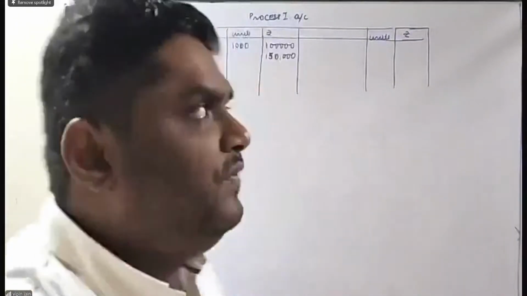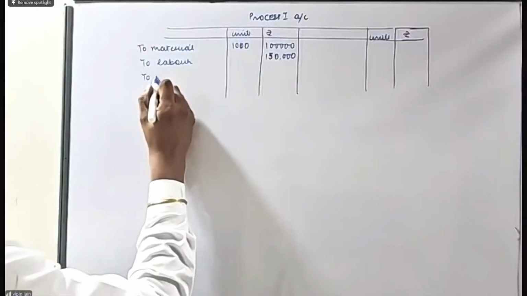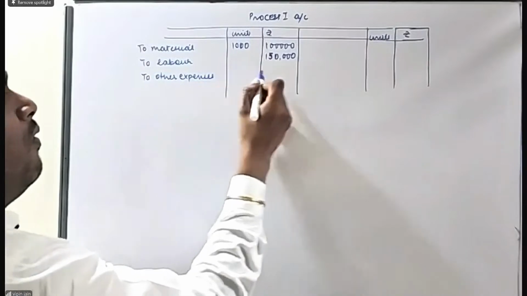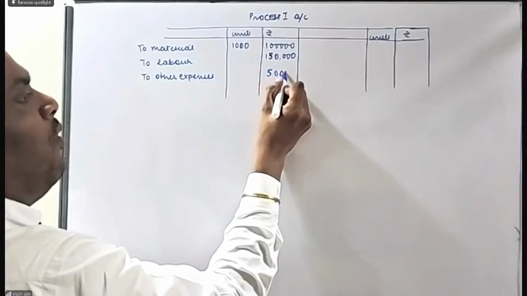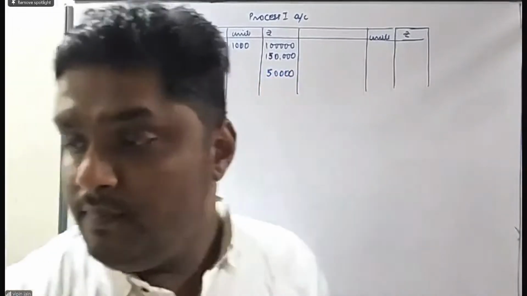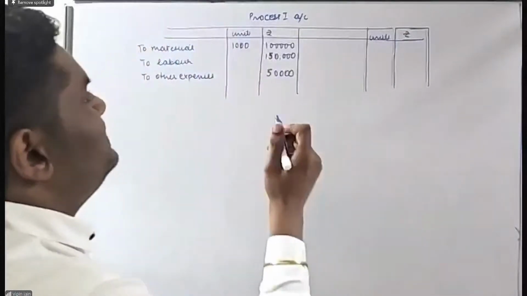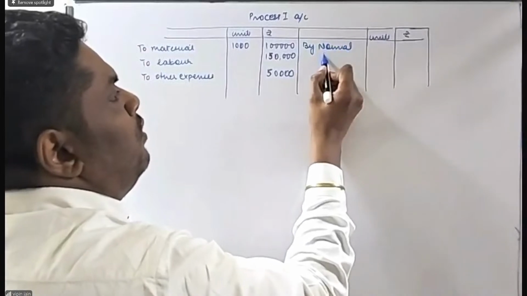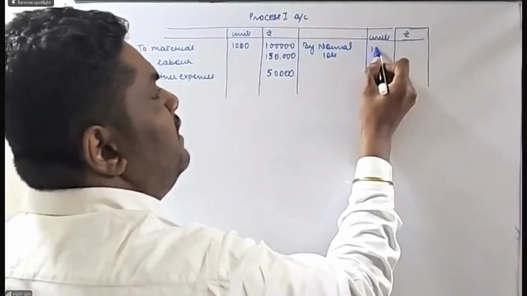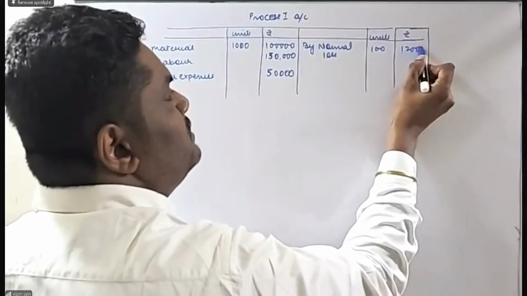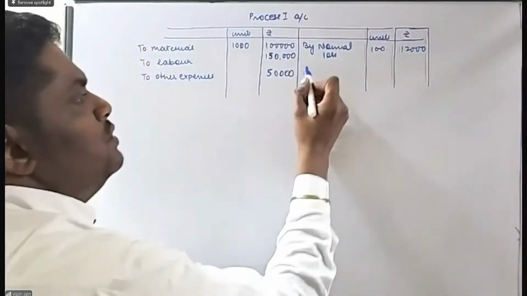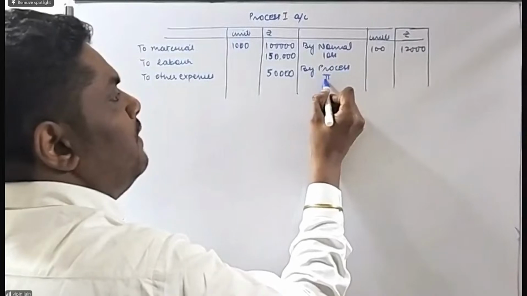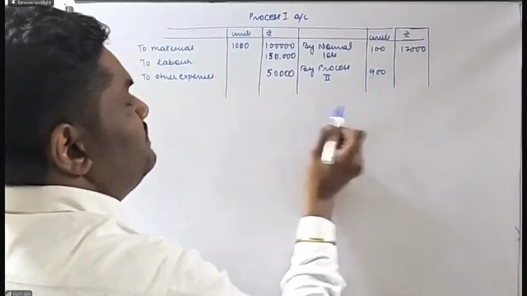Other expenses are 50,000. Normal loss is 10% of input. So normal loss is 100 units, and the scrap value is 12,000. So my output that is to be transferred to the next process will be 900 units.